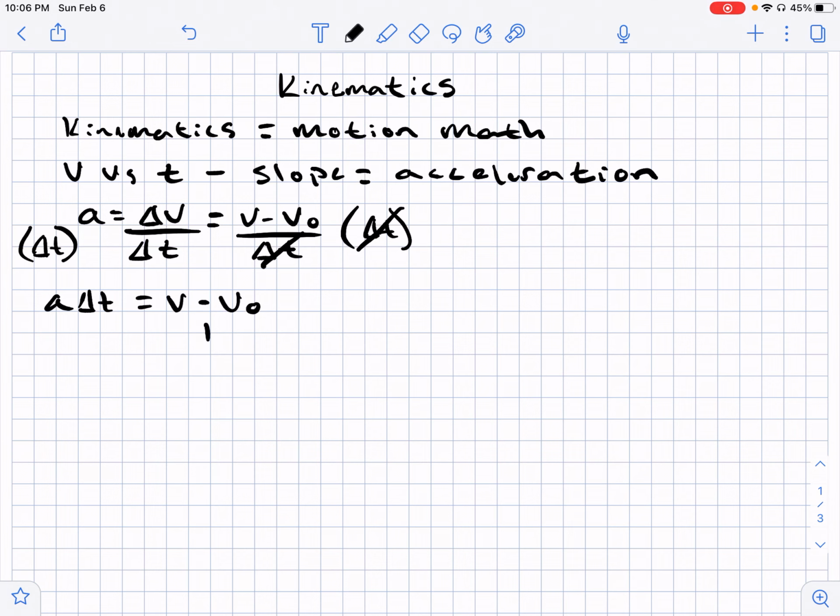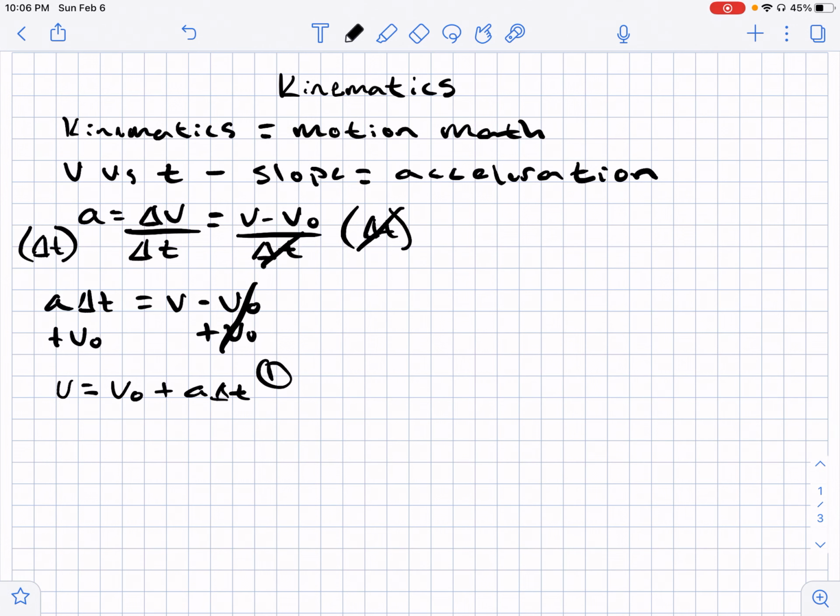And then lastly, we would add initial velocity to both sides. And what you're left with is the final velocity is equal to the initial velocity plus acceleration times time. And this is your first kinematic equation, as written on your equation chart. So it's one that you've been using all year, and that's our first kinematics equation.